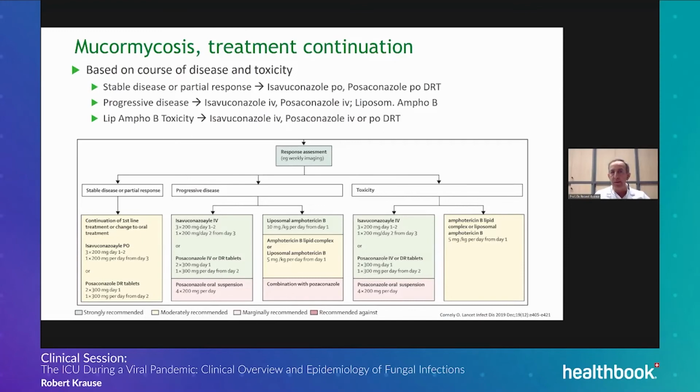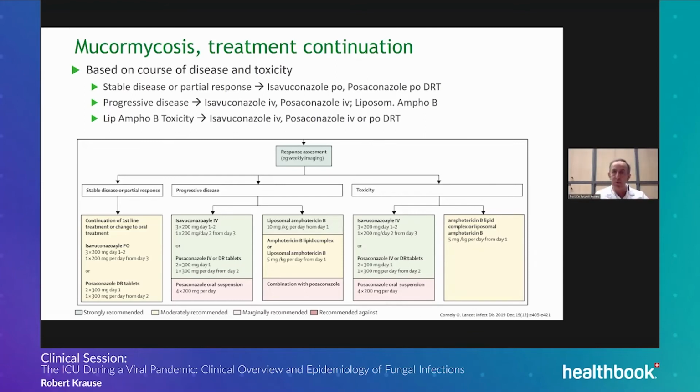In stable disease or in partial response and clinical improvement, there is a step-down possibility to isavuconazole orally or posaconazole orally using the delayed release tablet. If there is progressive disease during liposomal amphotericin B, then we should switch to isavuconazole intravenously or posaconazole intravenously, or vice versa.